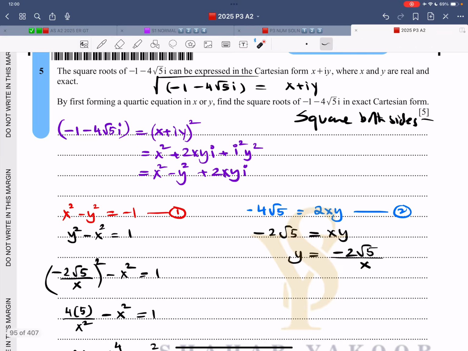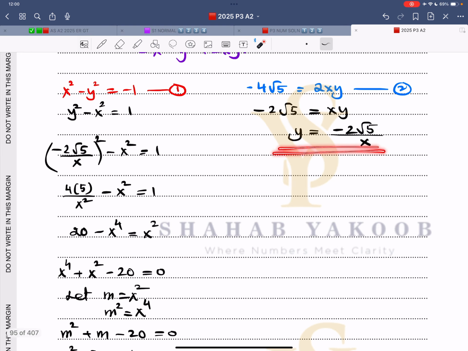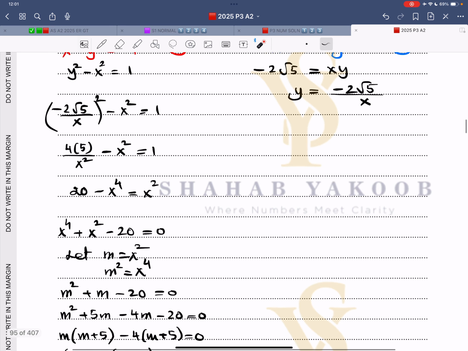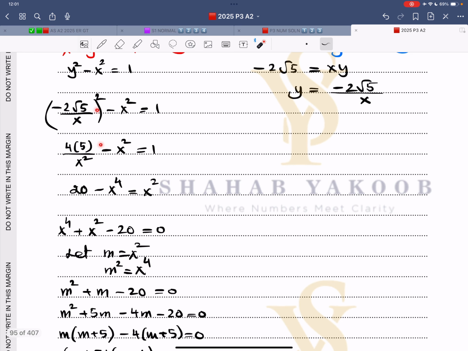So again, the real equals the real, equation 1, imaginary equals the imaginary, equation 2. It's always from the imaginary that you make one variable the subject. For example, in this case, I made y the subject. And over here, x square minus y square is negative 1. I multiplied throughout by negative 1. Again, square, work in the third form, you get a disguised quadratic equation.